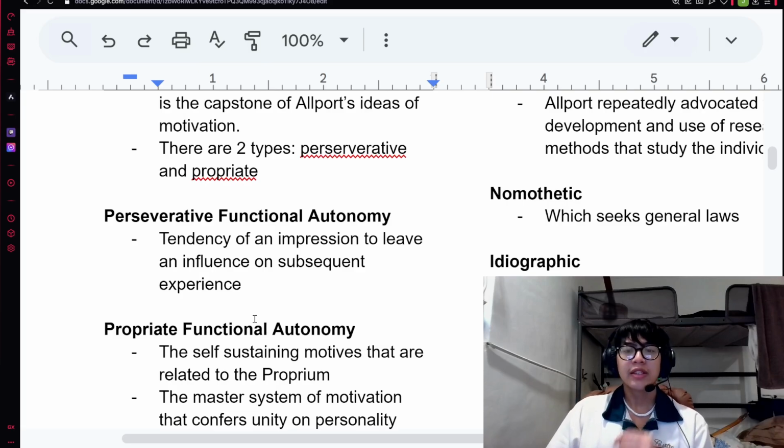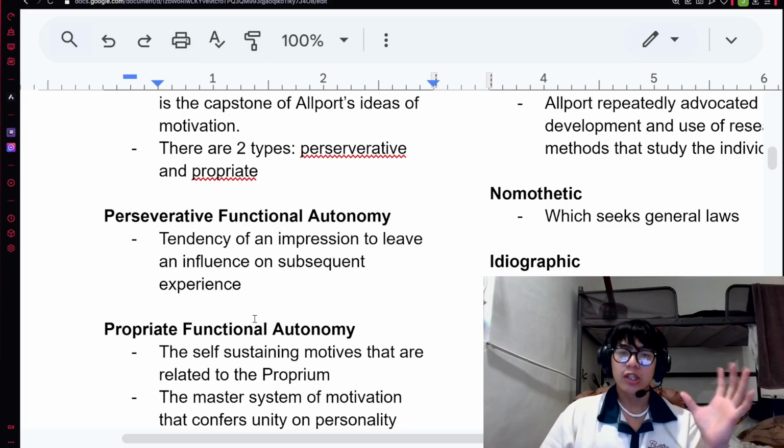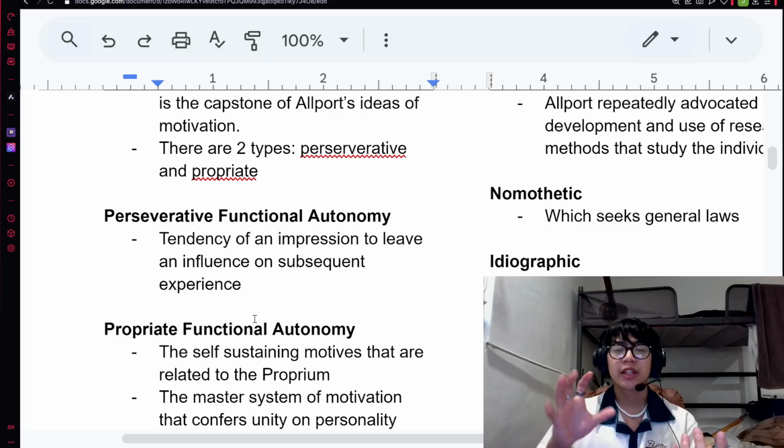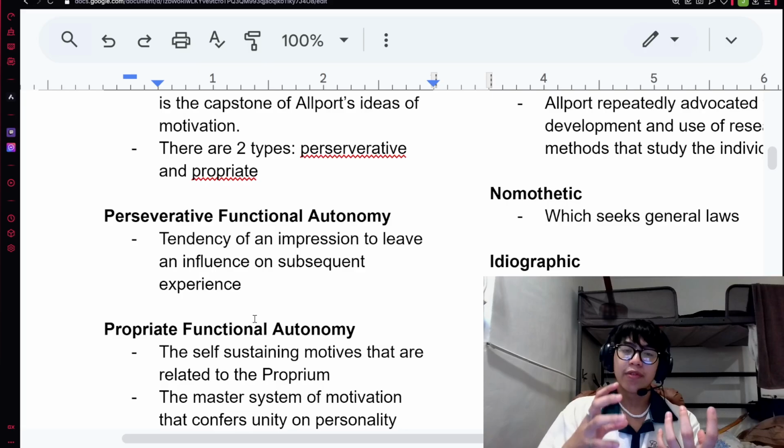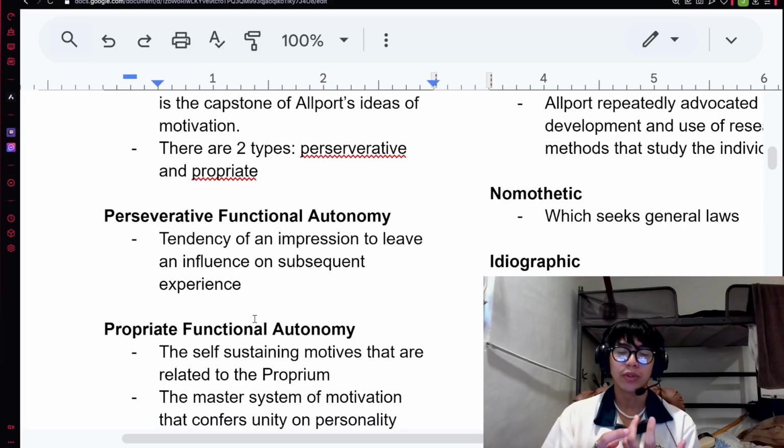It's the tendency of an impression to leave an influence on subsequent experience. So when you do something and then something else happens during that influences why you're doing it, then basically you'll continue to do it, or that'll change your whole motivation.